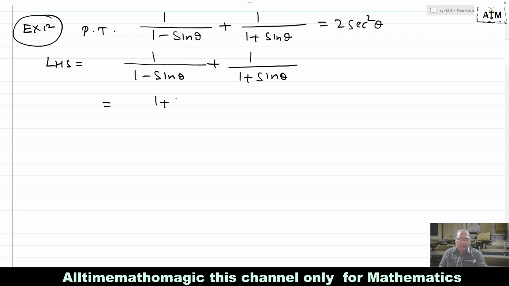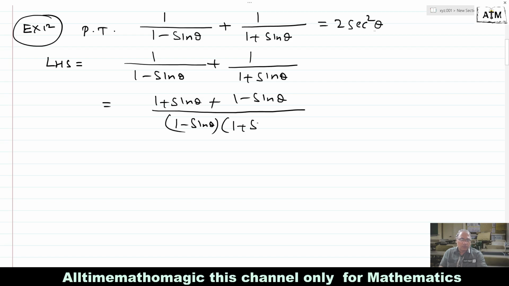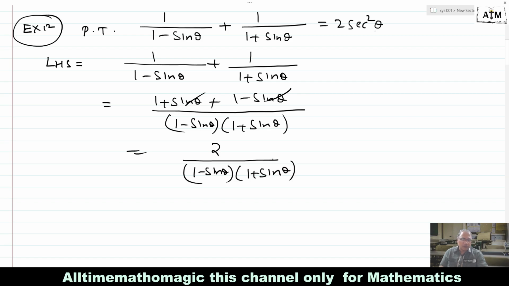Cross multiplying, then this and this cut down, we get 2 upon (1 minus sin theta) and (1 plus sin theta).